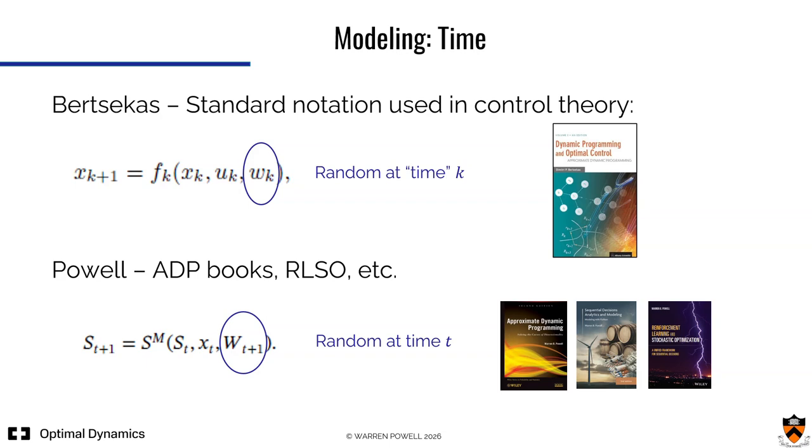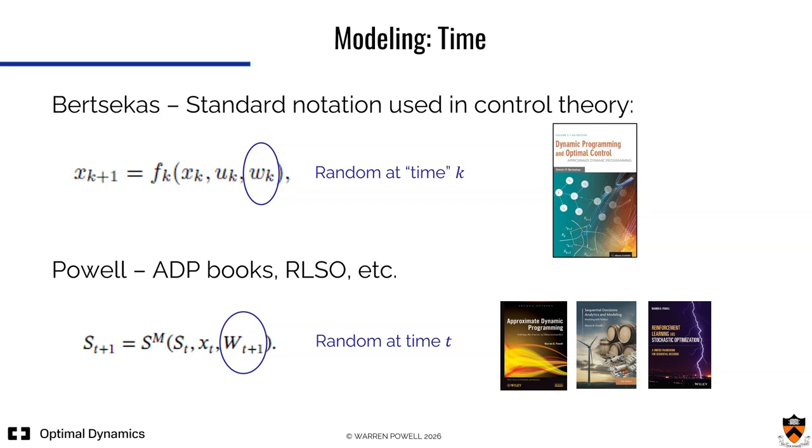My notation, I use state S_t at time t. You make a decision based on the state, and the new information is indexed by W_t+1. I use capital W to emphasize that that's a random variable. Probabilists like that sort of thing. I use this notation consistently. It means anytime you open up any one of my books and you see a variable indexed by time t, you can say it's known at time t.